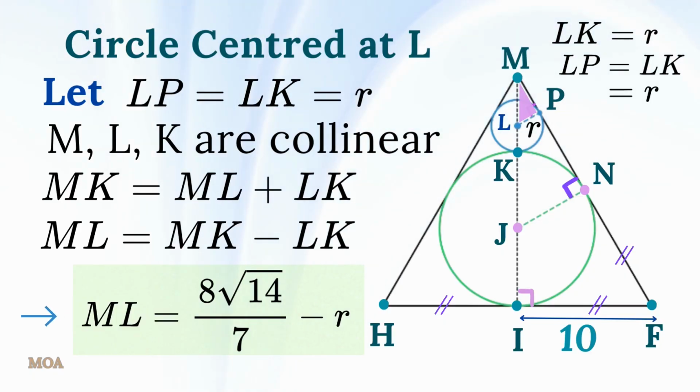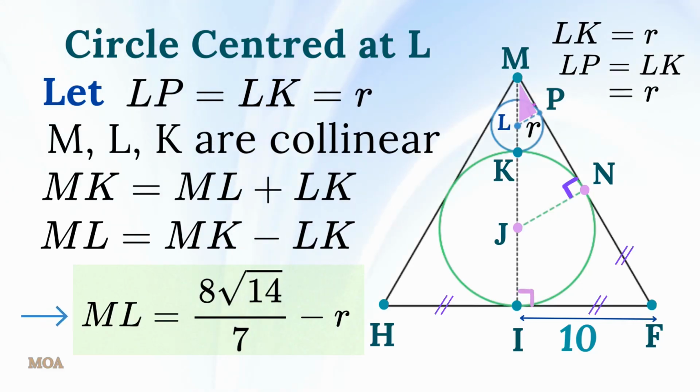Let its radius be denoted by R, so that LP equals LK equals R. Recall that we have demonstrated points M, L, and K are collinear. By the segment addition postulate, this yields MK equals ML plus LK.